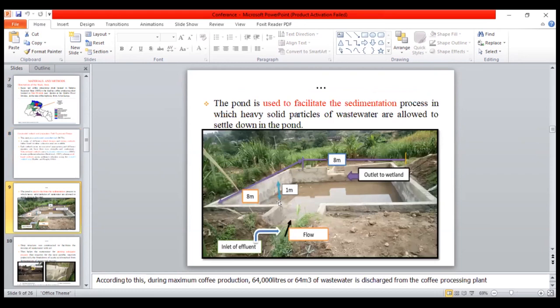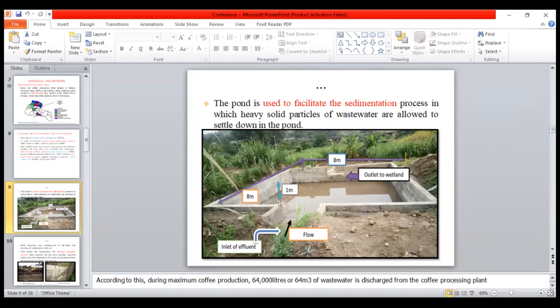So this is the pond we have constructed in Kage site. This pond is used as the sedimentation pond for the Kage constructed wetland. Around 64,000 liters of wastewater are discharged from these processing plants, so we constructed this pond to hold this amount of wastewater.